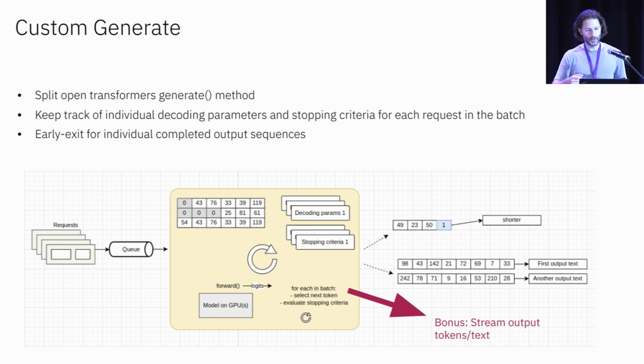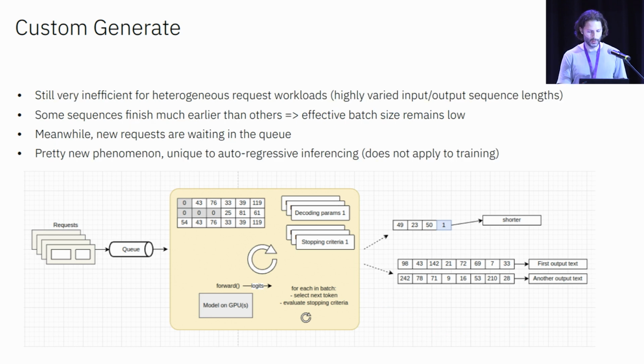This is also nice because we can then stream the output. Now we're in the code that's actually doing this loop, and we can also finish the shorter sequences as soon as they finish, rather than having to wait for the longer ones. So that was a big improvement.